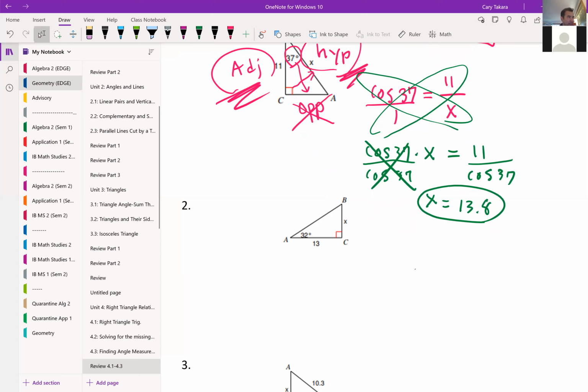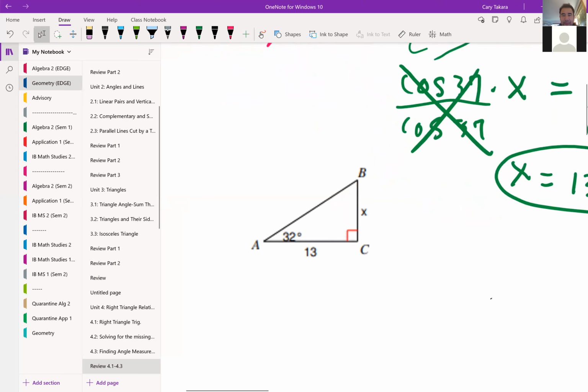Does anybody have the answer for number 2? Very good. Thank you, Crystal, Gentry. Very good, Francisco. It seems like it's going to be about 8.1. Okay, so again, the focus angle is now right here, 32.